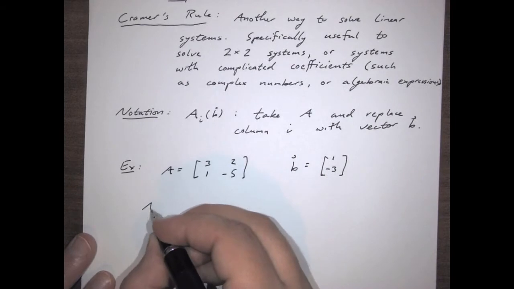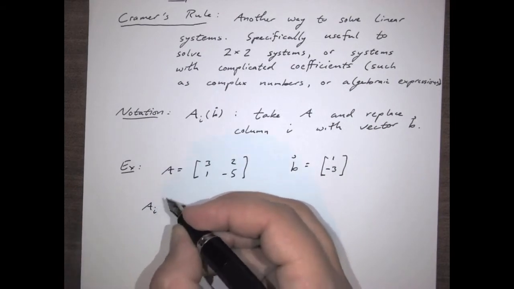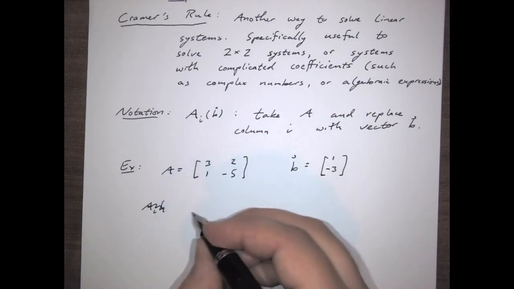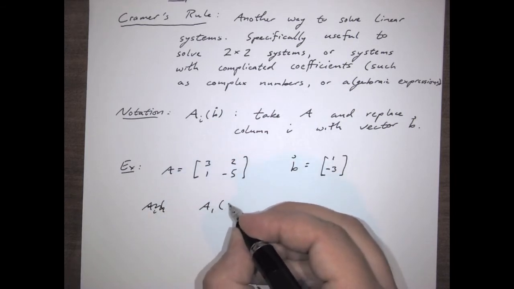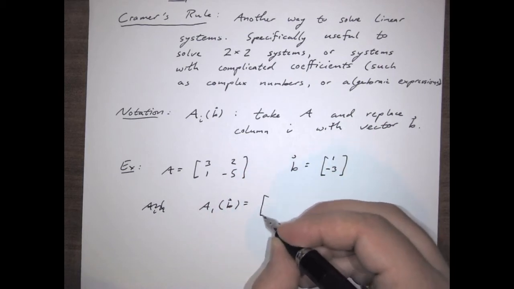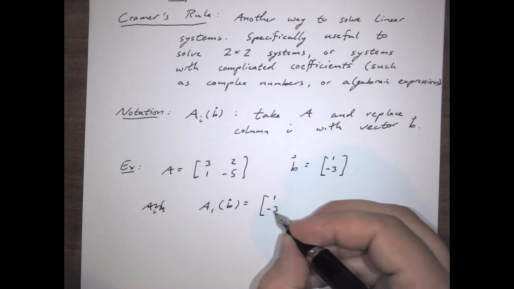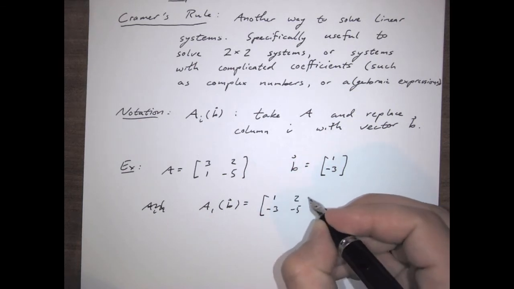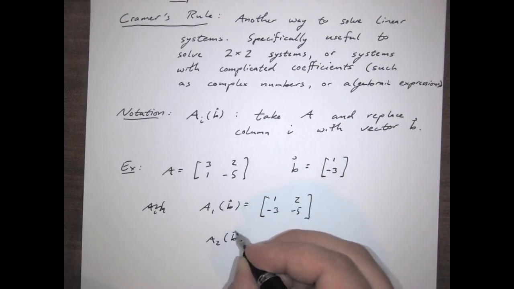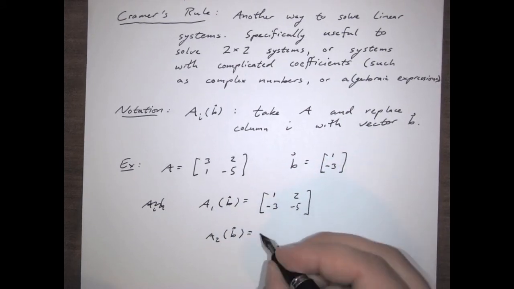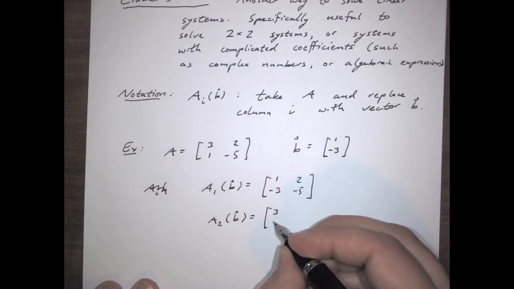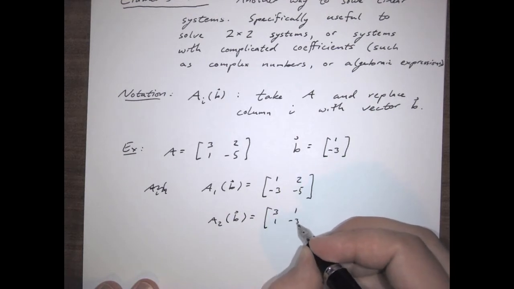Then A1 of B would be: take column 1 and replace it by B. So 1, -3, 2, -5, and A2 of B would be then 3, 1, 1, -3.